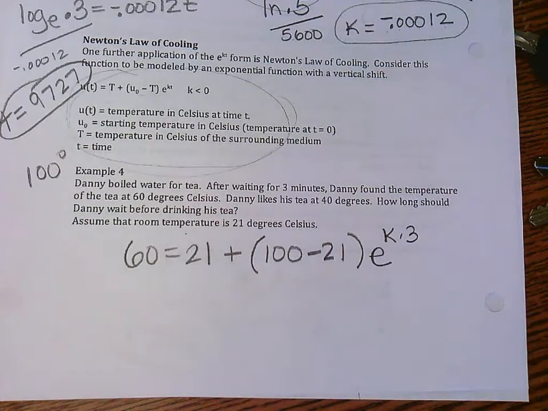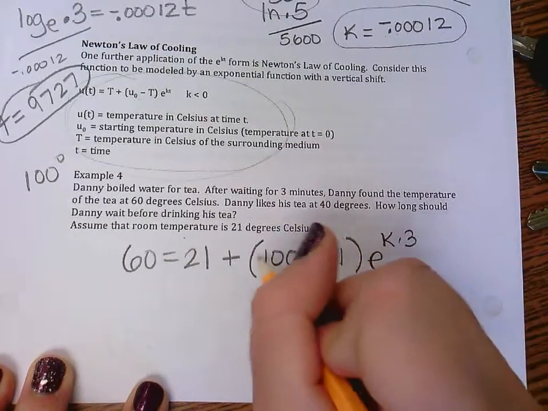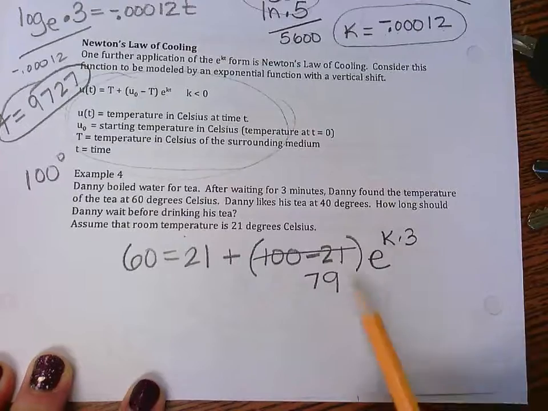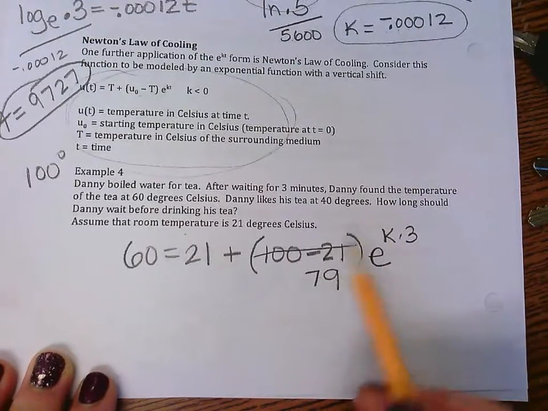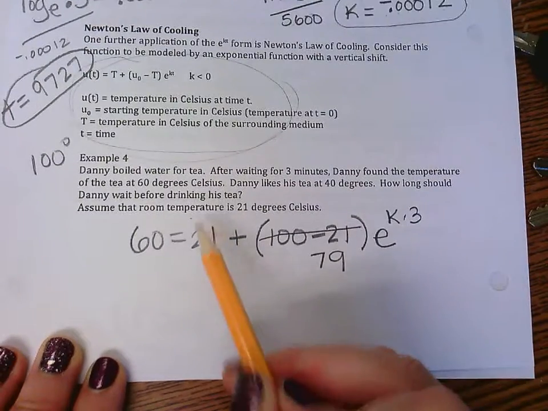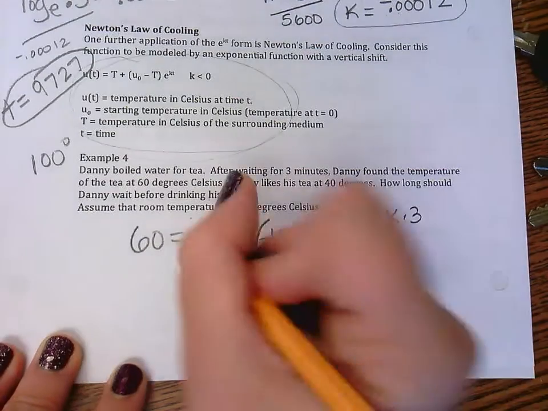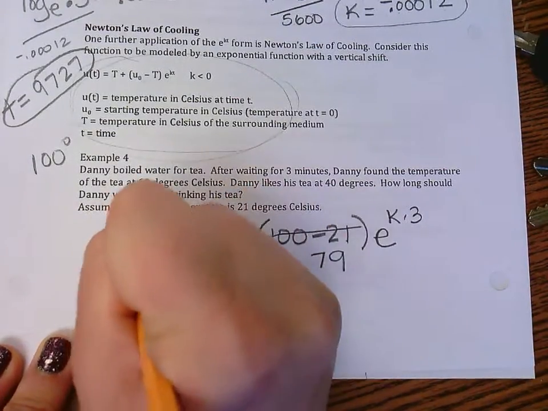First, you would do parentheses. What's 100 minus 21? 79, right? So this number right here is 79 e to the k times 3. This is a multiplication part. This 21 is freely separate, right? So the first step is to subtract 21 to the other side.